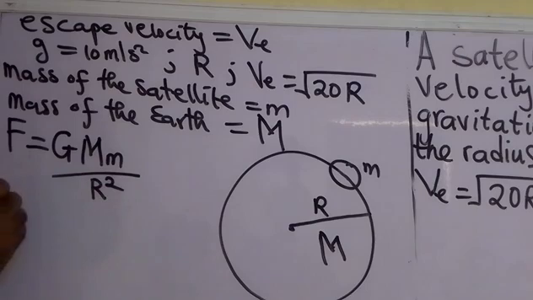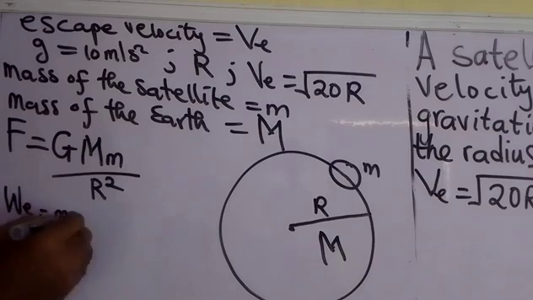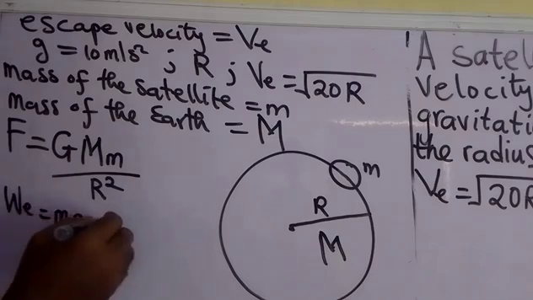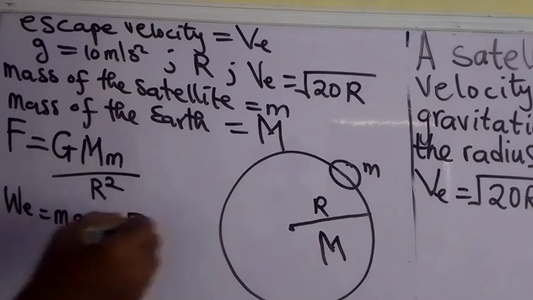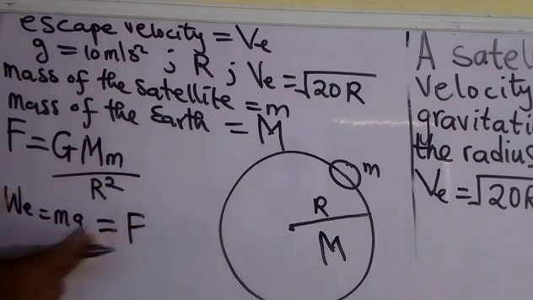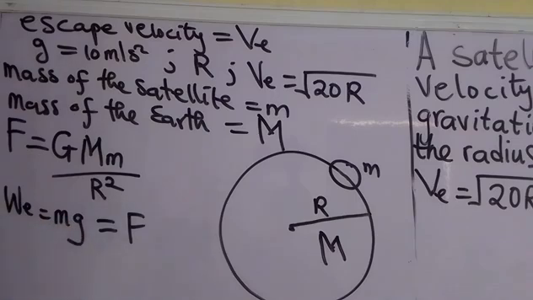And we know that the weight of the satellite is mg and is the same thing as this F. So this F and this F are the same and equal to the weight of the satellite.